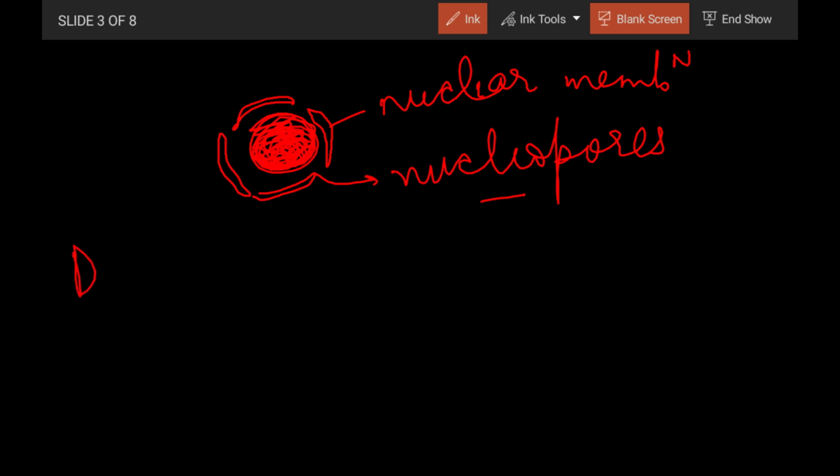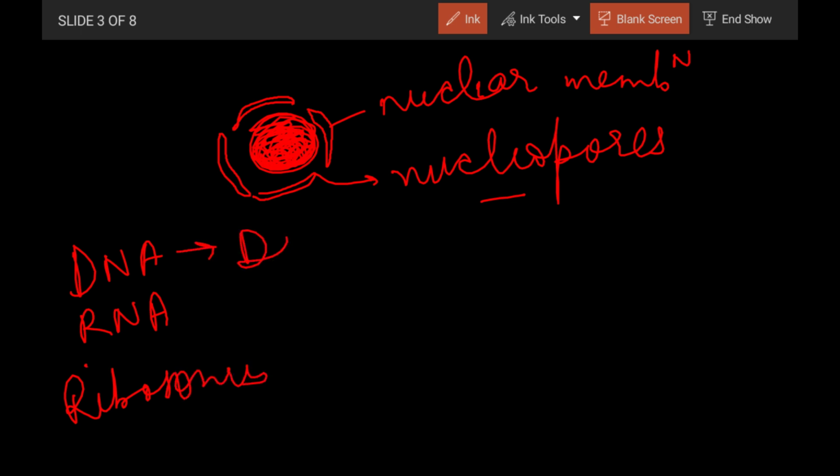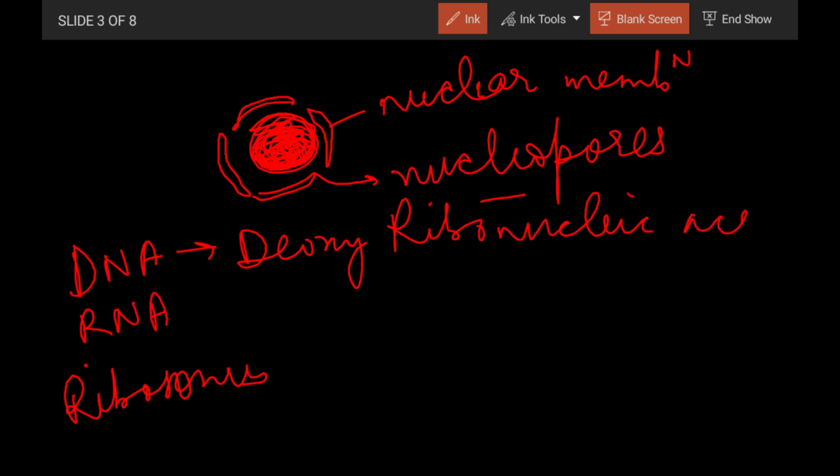Now the words that come here are DNA, RNA, and ribosomes. First of all, DNA. DNA is deoxyribonucleic acid. These are your genetic material which carry the heredity information. Then there is ribonucleic acid.